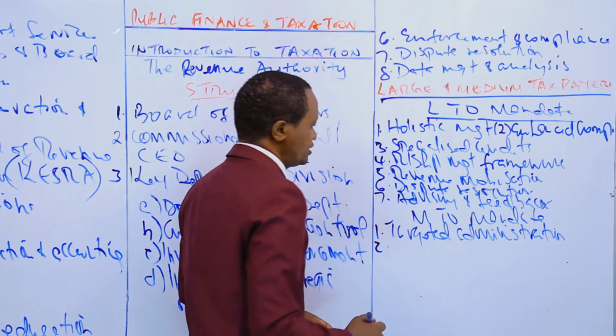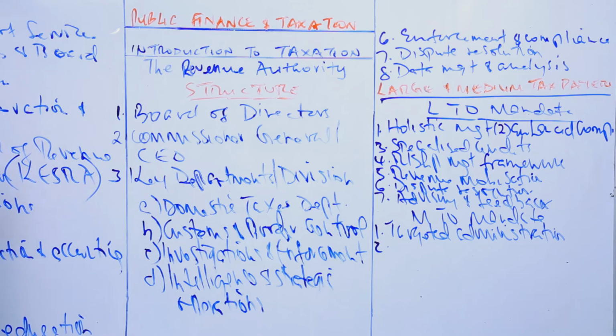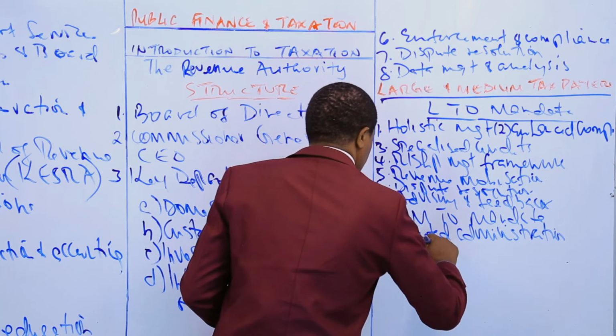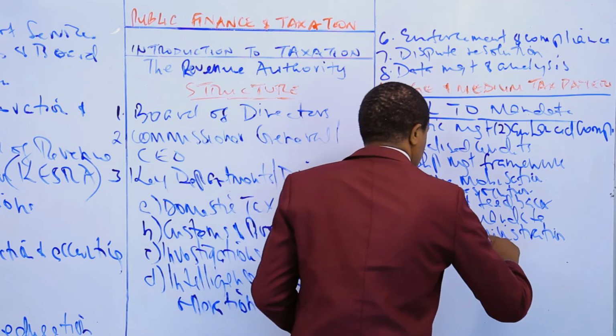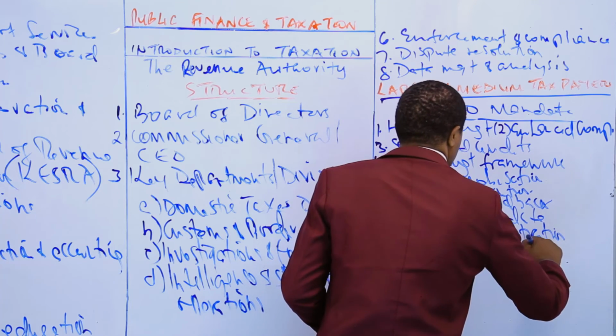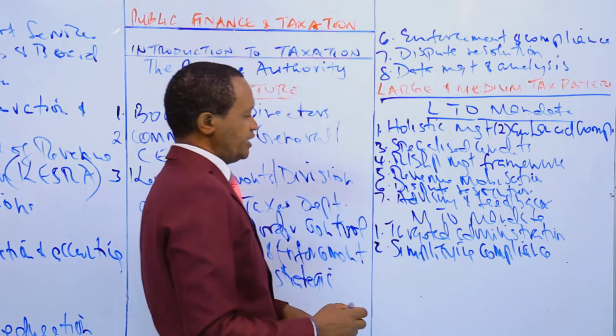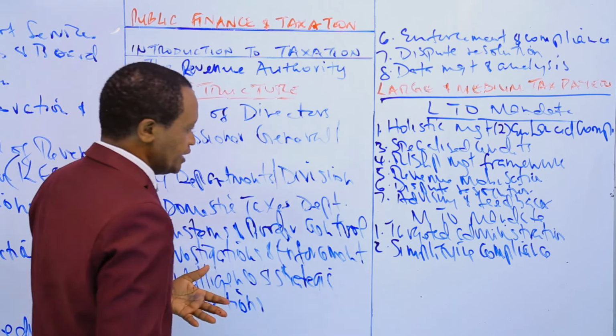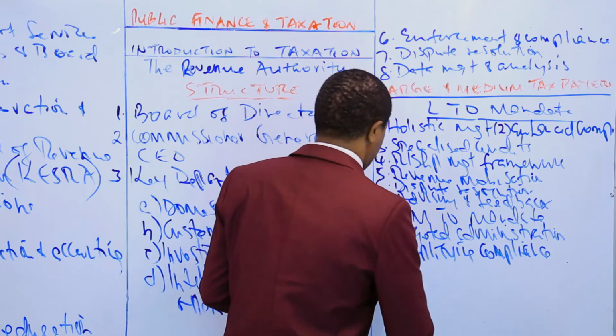The second mandate of the MTO office is simplifying compliance. That means conducting compliance checks and compliance audits that are appropriate for the size and complexity of the medium taxpayers.